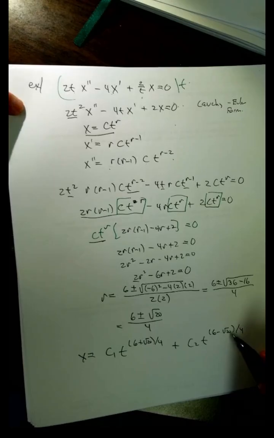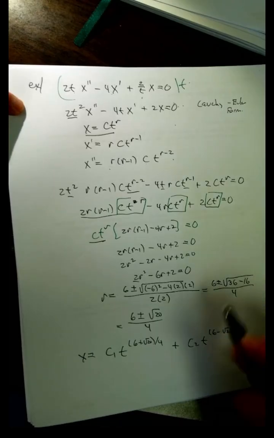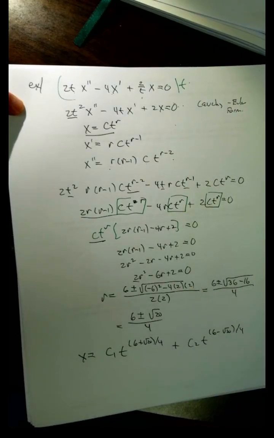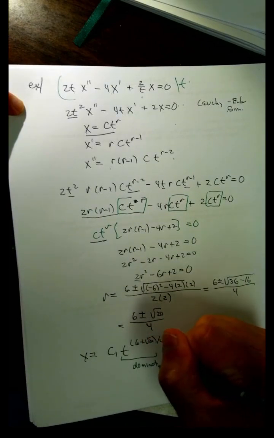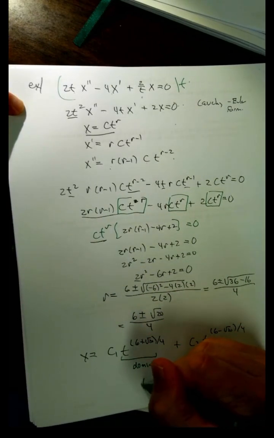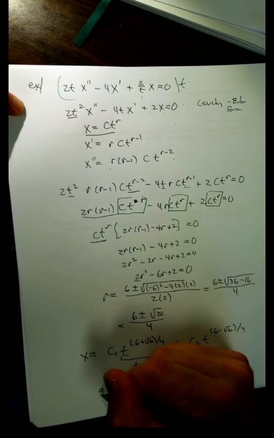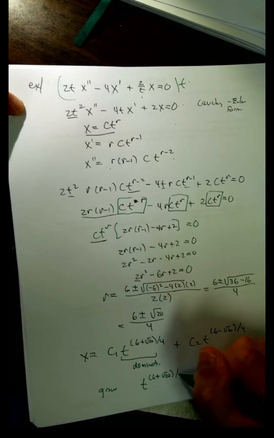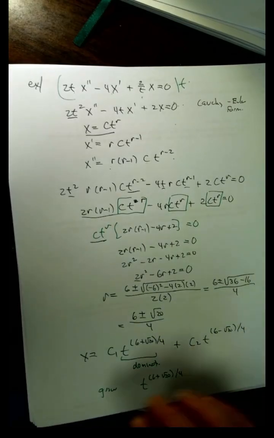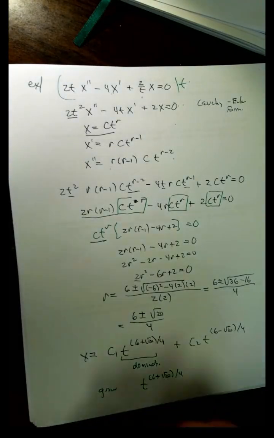Square root of 20 is 4-ish, so both of these are positive. This is my dominant term, because that's the bigger exponent. So this is going to grow like t raised to the 6 plus square root of 20, all divided by 4. So we expect to see growth in this solution.